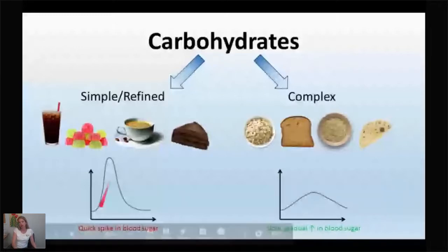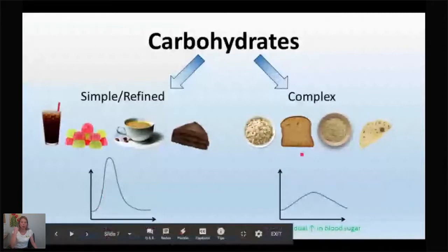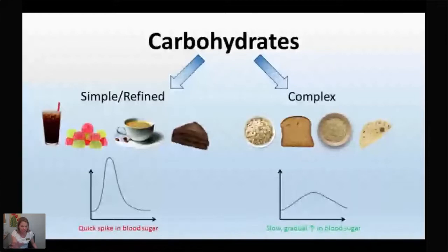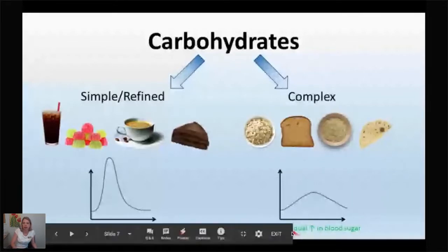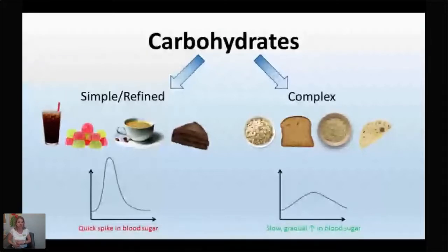Whereas if you eat a more complex carbohydrate, like brown bread, brown rice, things that are not white when you bake them, chocolate doesn't count, you'll notice the blood sugar doesn't spike as high, and so you slowly access the energy because it takes longer to break those double bonds, but you also slowly lose energy as opposed to crashing down. And so a lot of the time, especially with athletes, they say complex carbs, otherwise you're gonna go play your basketball game and you're gonna run out of energy like 2 minutes into it.